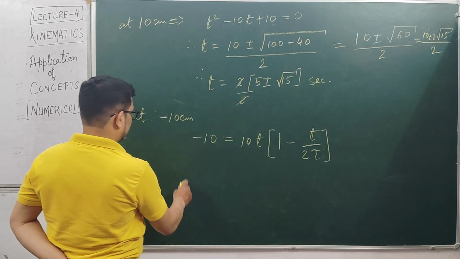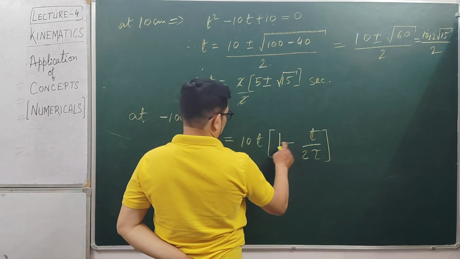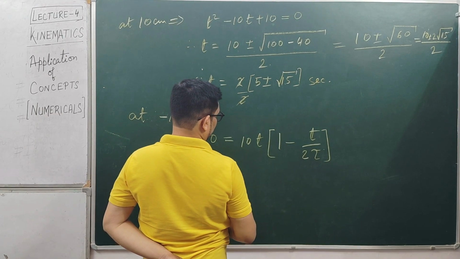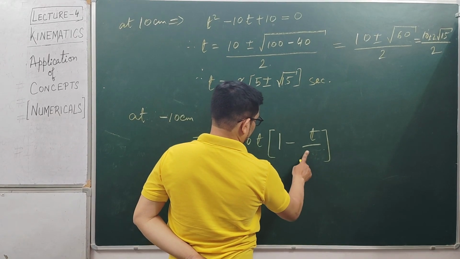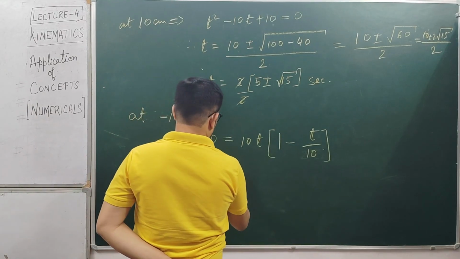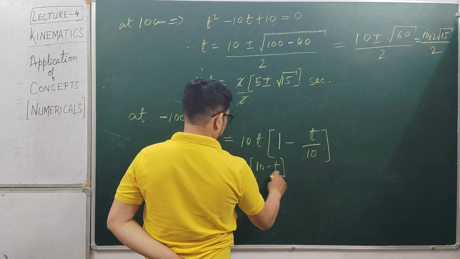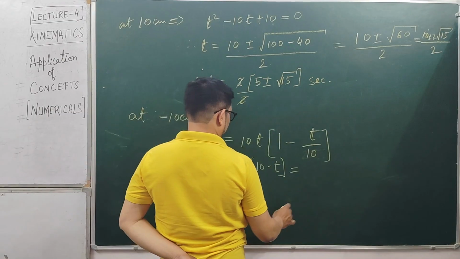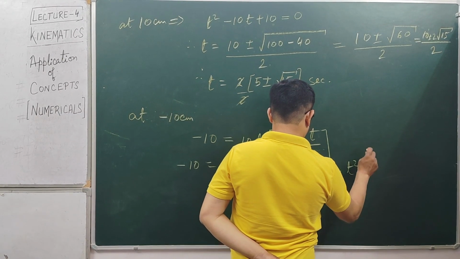So we get here minus 10 is equal to... now we need to take into account that tau is 5, so this will become 10, and this becomes 10t times (10 minus t) over 10, so this gets cancelled, and we get here 10t minus t squared.